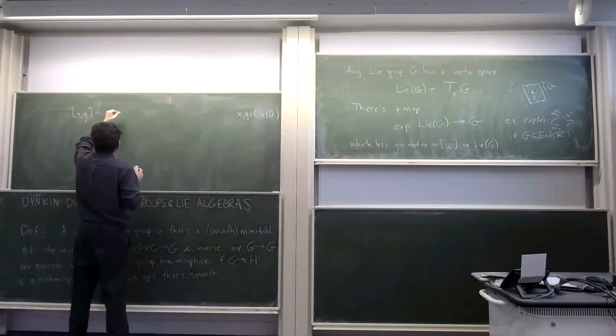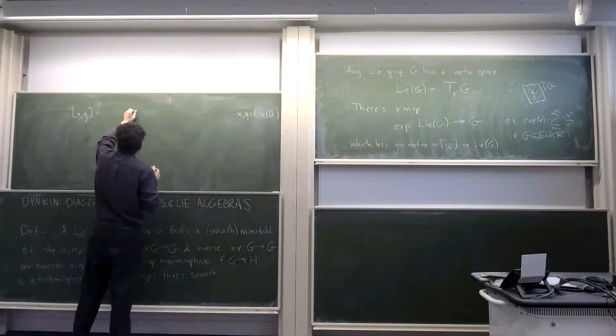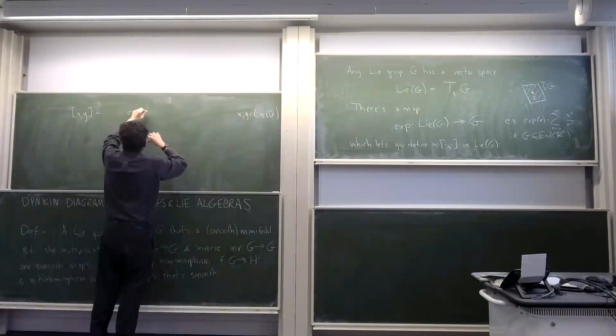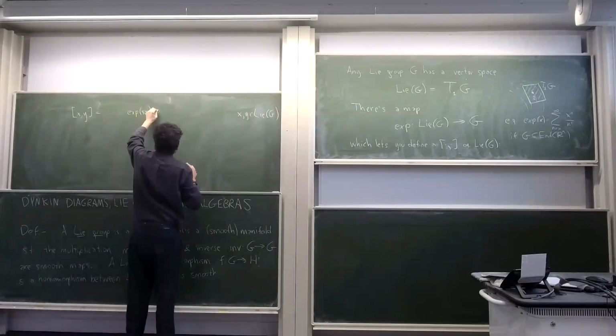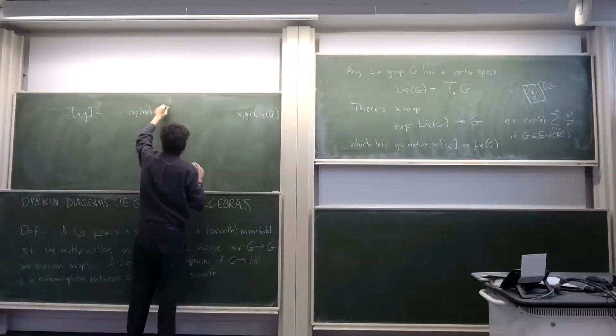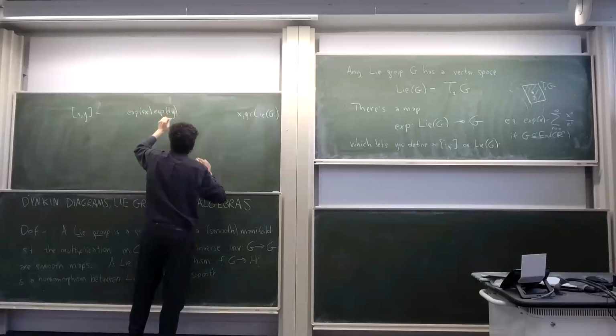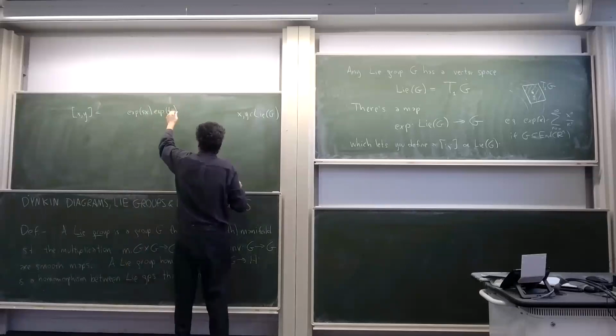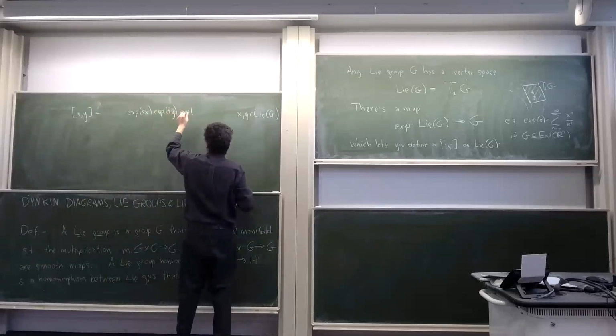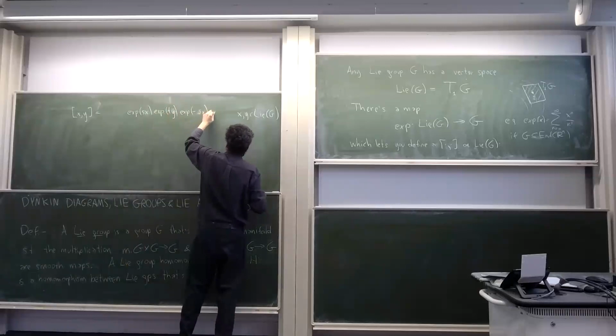what I can do is exponentiate one of them times a real number, exponentiate the other times some other real number, and then do kind of a commutator trick. So exponentiate minus the first one, exponentiate minus the second one.